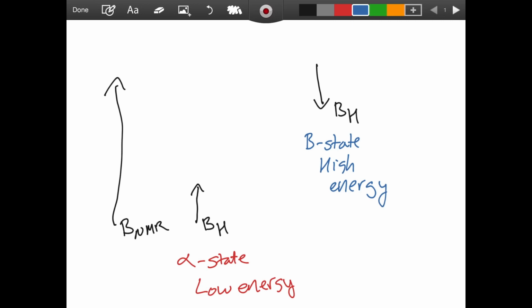So when you put your sample into the NMR, all the little magnetic fields on all of your hydrogens will align with the magnetic field of the NMR, and they will all exist in the alpha state because that is low energy.